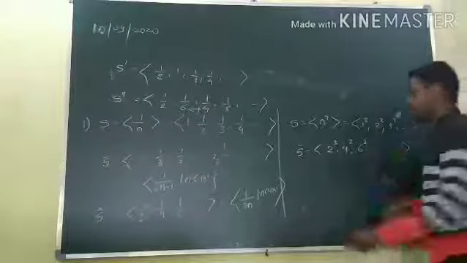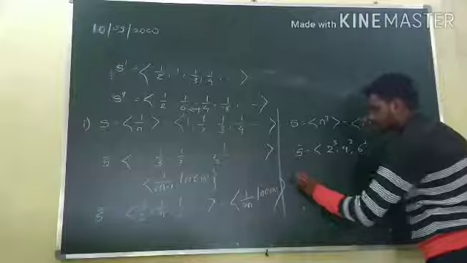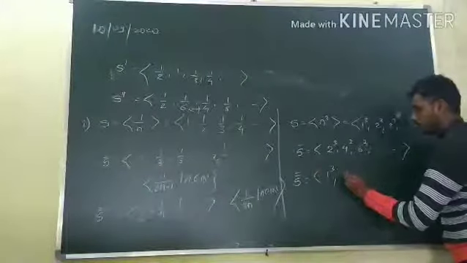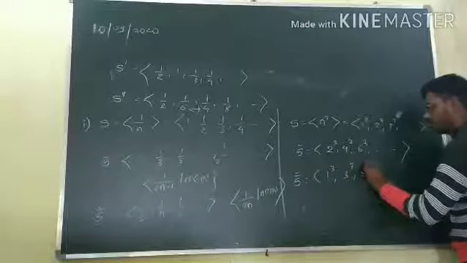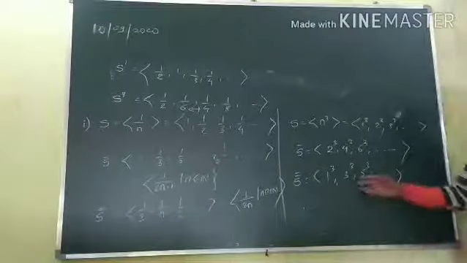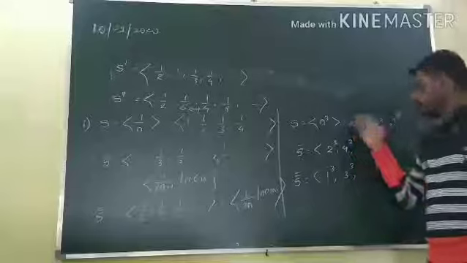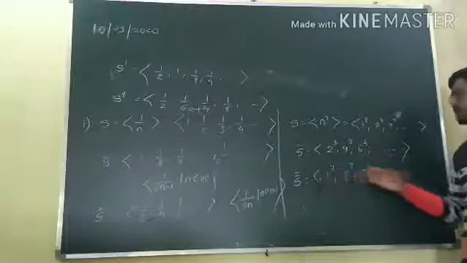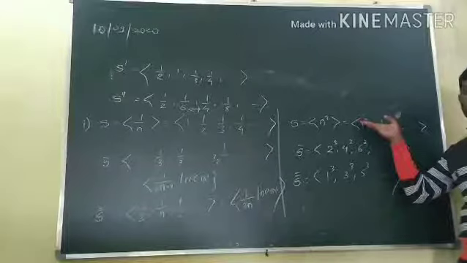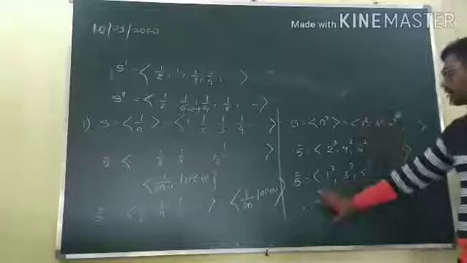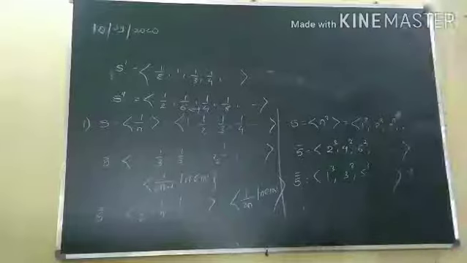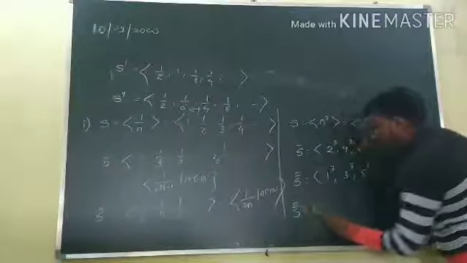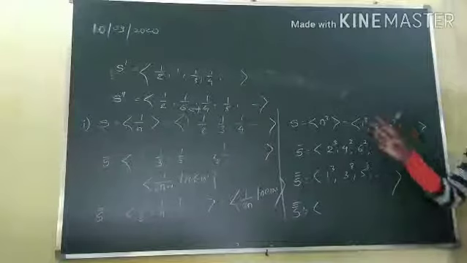Similarly, s double bar, which is given by 1 cubed, 3 cubed, 5 cubed, is also a subsequence of this sequence. Why? Every element here is in s, and the order of the elements is maintained as in the original sequence. This is also an example of a subsequence. Now we can add another subsequence by just deleting some numbers and maintaining the order.